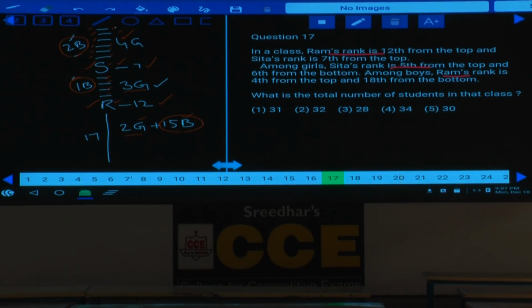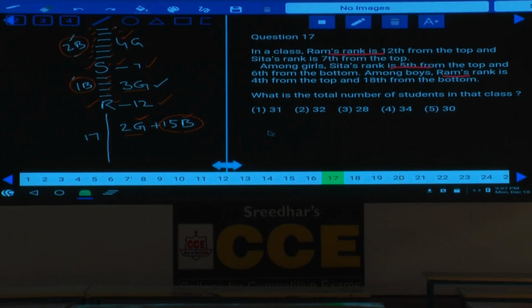Clear now? Then tell me the total number of students in the class. See here, 15 plus 2, 17, isn't it? 17 plus 12 is 29. Yes, tell me the total number of persons in this one.